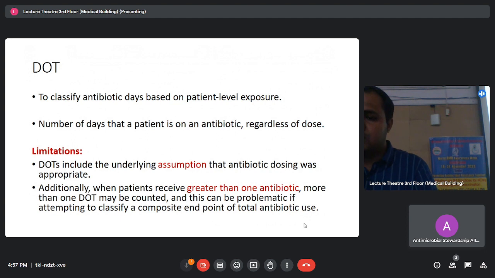Now, this duration of days of therapy will take into consideration the whole period for which vanco was given and for which meropenem was given. So you cannot comment upon a single antibiotic when you are using a composite endpoint. Okay, so I'll just show you with the example.